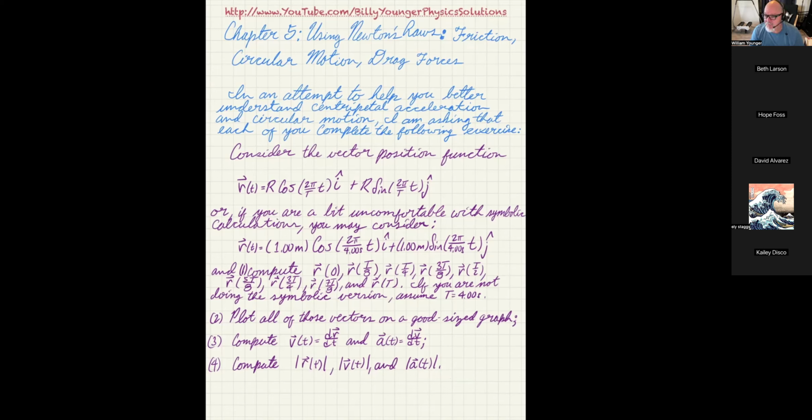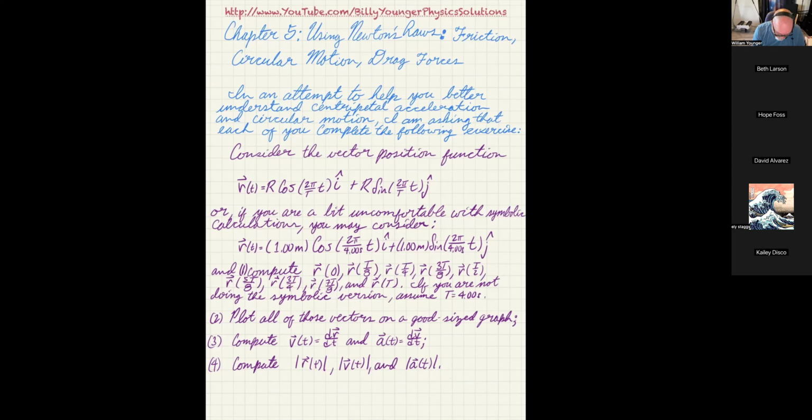In that case, we're saying the radius is 1 meter, times the cosine of 2 pi over 4.00 seconds, so you see the period I did call 4.00 seconds, times time, close parentheses, i hat, plus 1.00 meters sine 2 pi over 4 seconds, t, close parentheses, j hat.